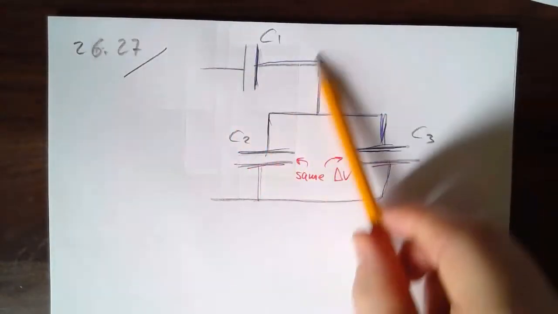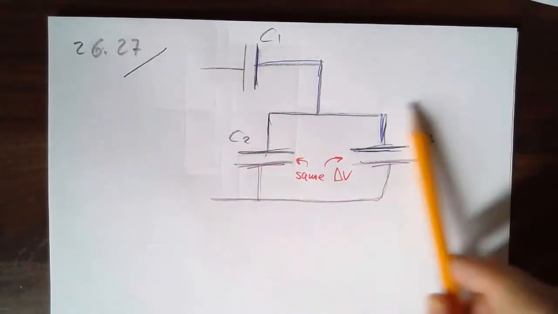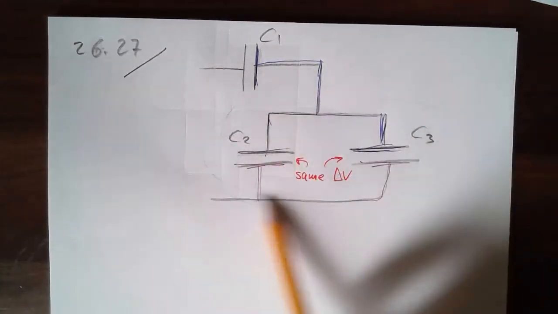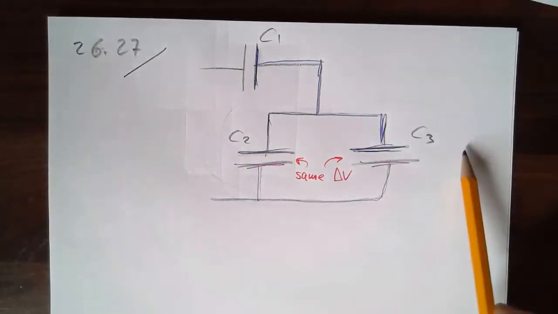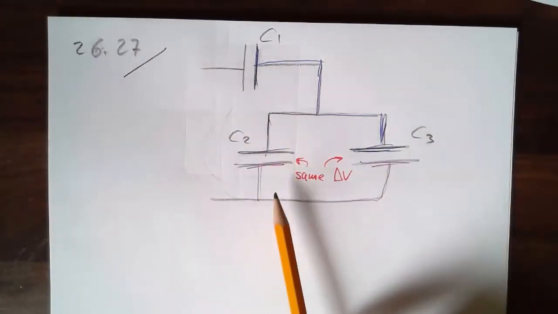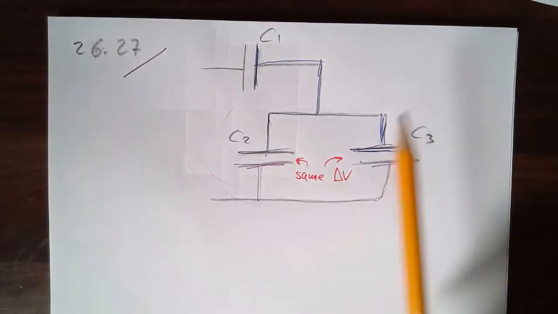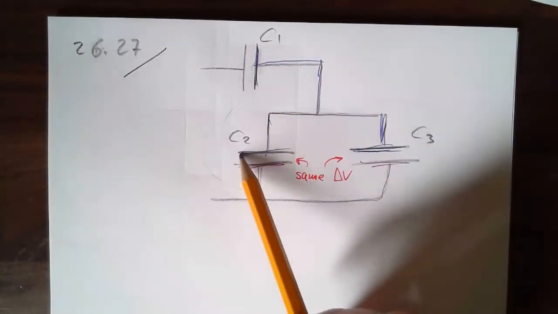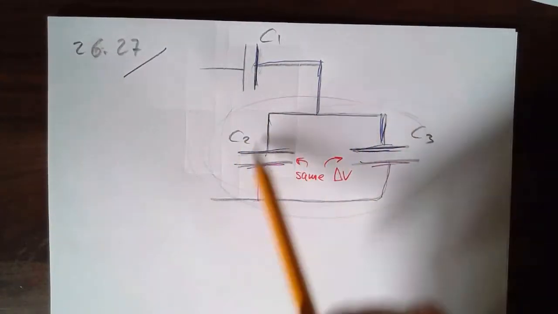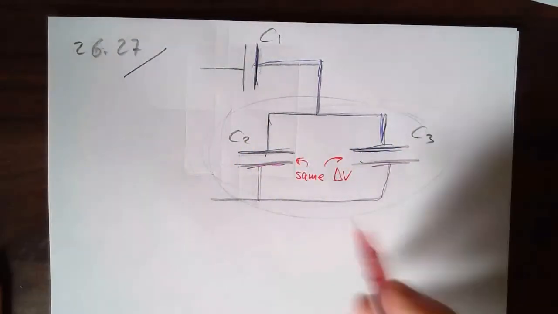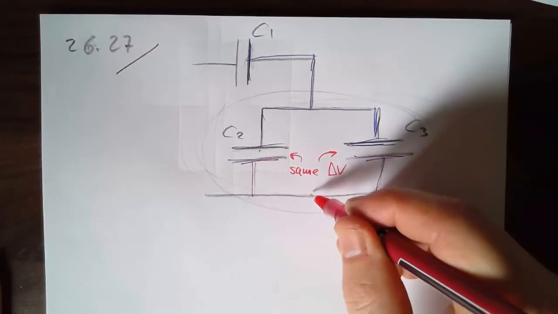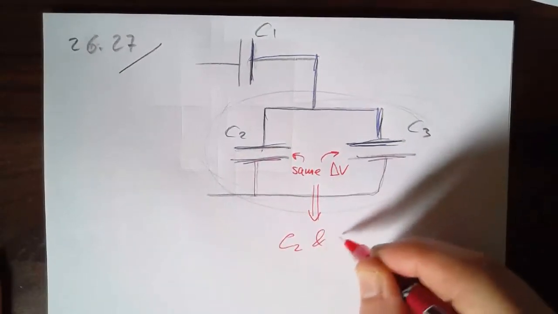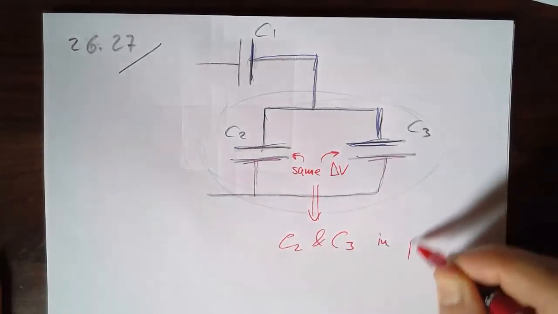So this one is not in series with either this one or this one, but once you've combined these two, we know how to deal with parallel capacitors, how to represent them as a single capacitor, then this one here is essentially in series with that combined one here. So the fact that they're the same delta V implies C2 and C3 are in parallel.